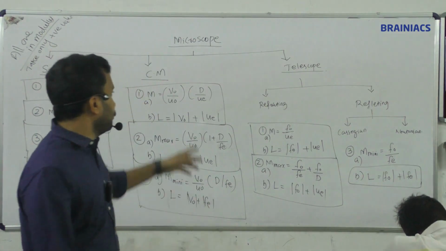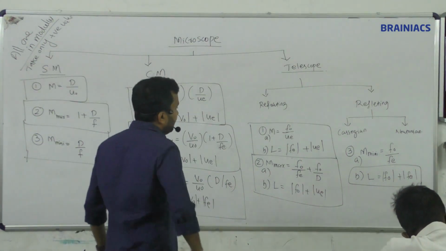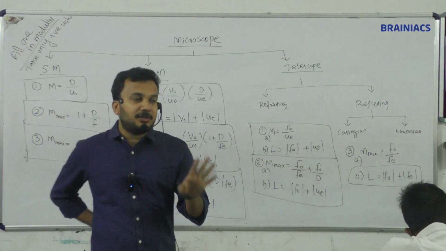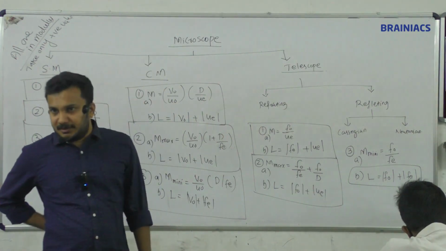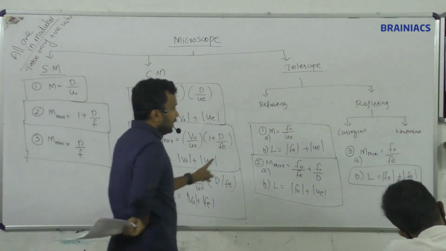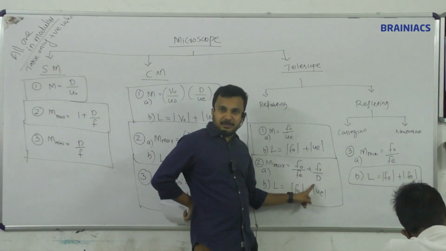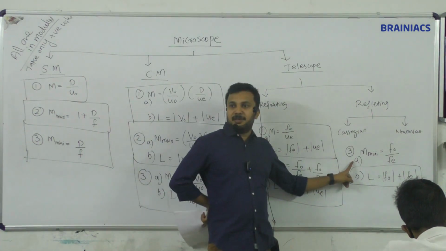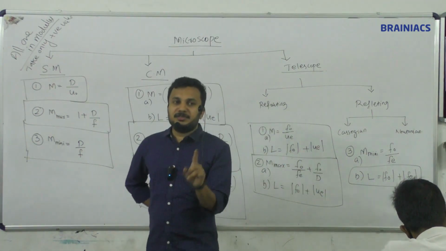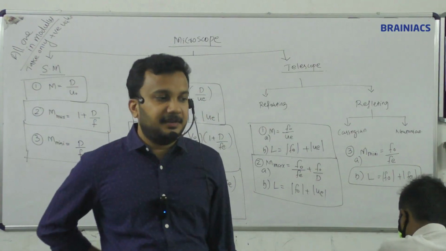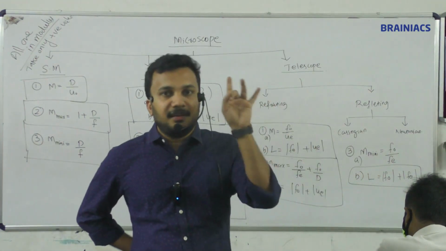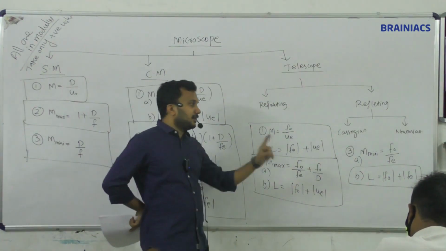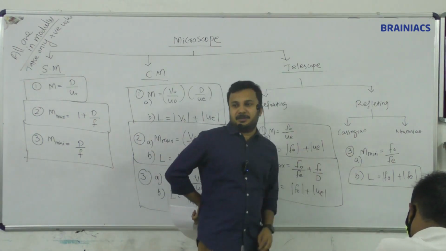Beta by alpha, telescope. What equations are available? f0 by fe, f0 divided by d. The question is not specifying whether it is maximum or minimum. Only if the question says something about d, whether maximum or minimum, do you take that formula. If the question does not specify anything about d, then in telescopes consider the minimum magnification.